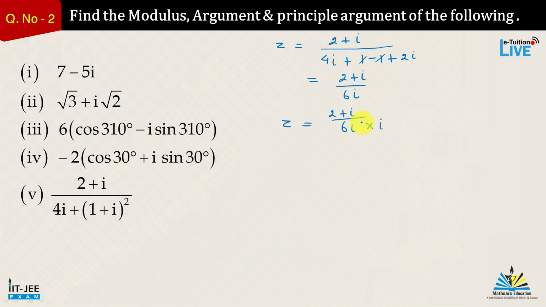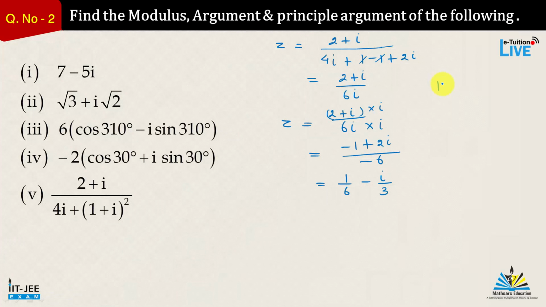If we multiply by i on numerator and denominator both, then you will observe here, that is minus 1 plus 2 iota upon minus 6. Why minus 6? Since i square is minus 1. So this is equal to 1 upon 6 minus iota by 3.